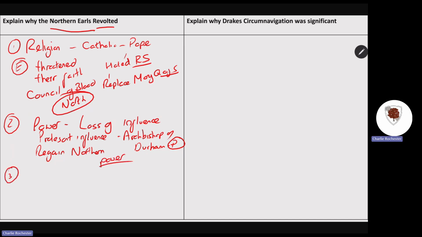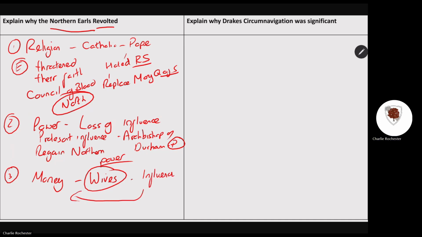The third thing you could talk about is money, the economy, and really link that argument into their wives, who wanted to push them into gaining back their land, their patronage, to make sure that they also had that influence through wealth. So short plan, but really effective if you were able to identify that in next week's exam.